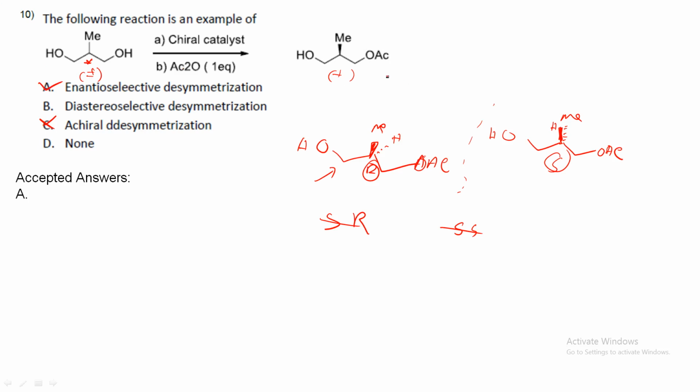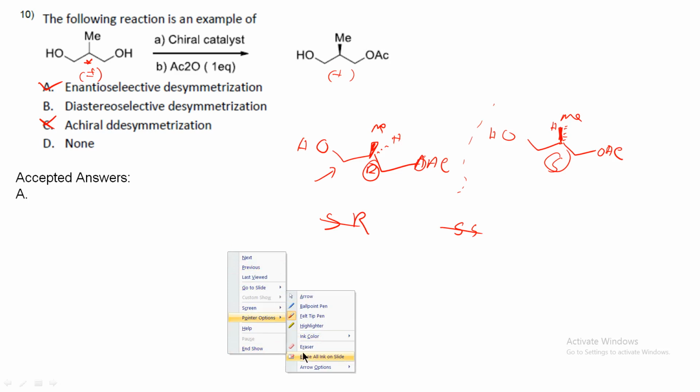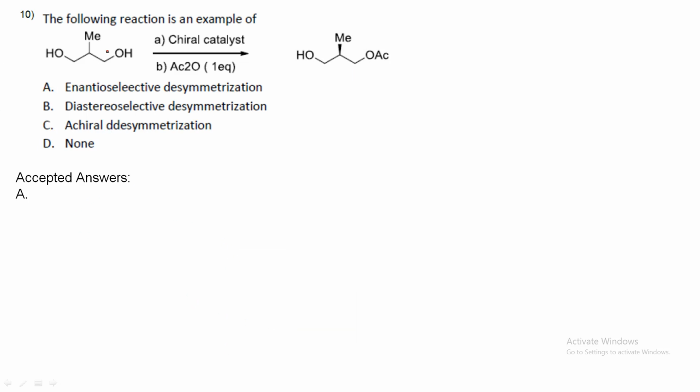So here also, let me try something. Let's say we have a chiral molecule, right? Then we are comparing to the previous problem. Let's say we have this particular chiral molecule, let's say it is plus.